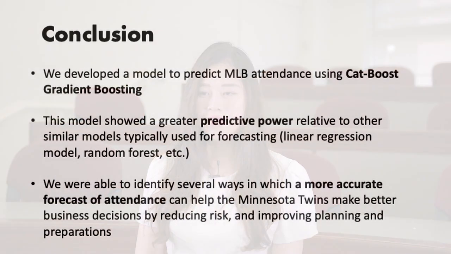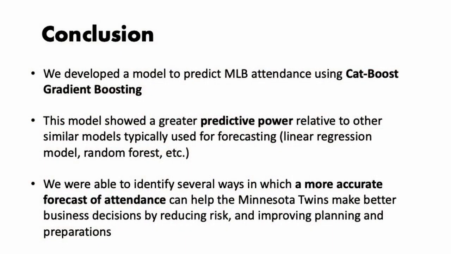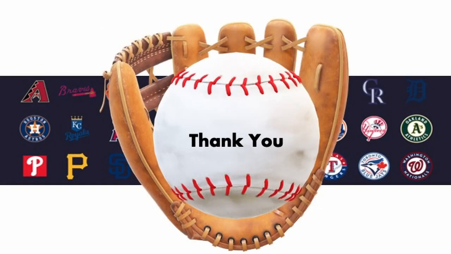We are confident that we were able to identify several ways in which a more accurate forecast of attendance can help Minnesota make better business decisions. We believe that by implementing our model, the client, the Minnesota Twins, can reduce risk and improve the planning and preparation process. And that is our summary for this presentation.